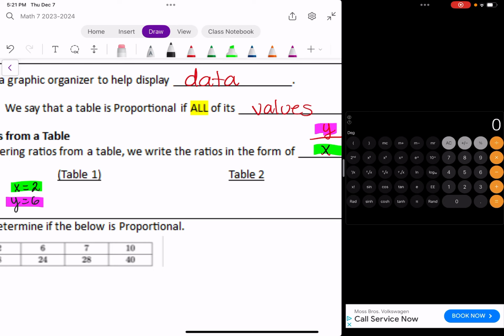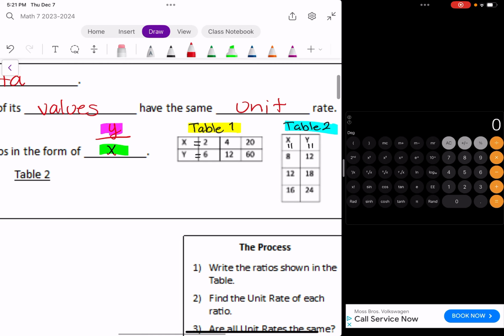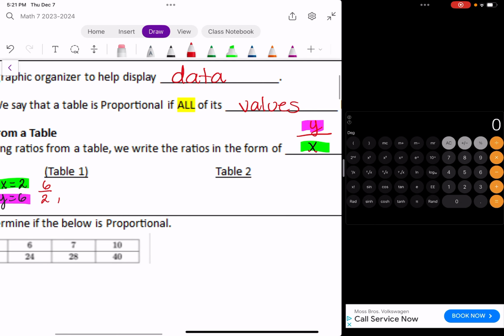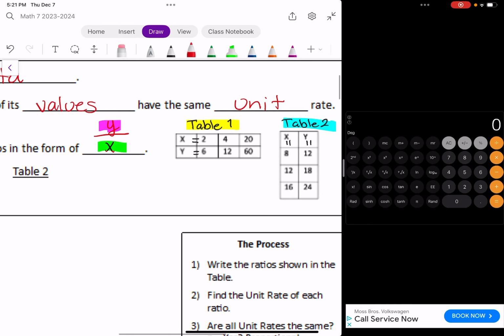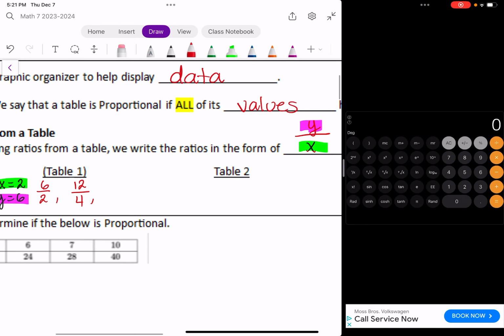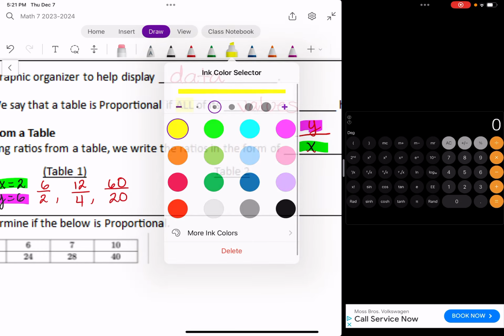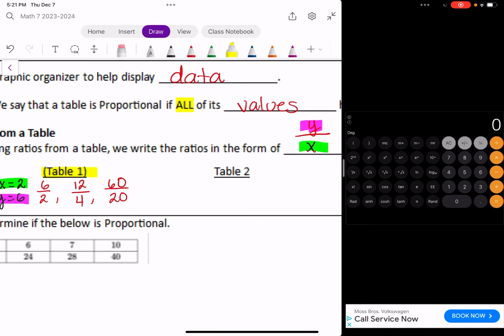Writing this in the form of y over x, it has to look like 6 over 2. Our second pair is 4 and 12, but 12 is our y, so 12 goes on top and 4 goes on the bottom. The last one is y equals 60 and x equals 20, so 60 goes on top and 20 goes on the bottom. Those are our ratios for the yellow table.